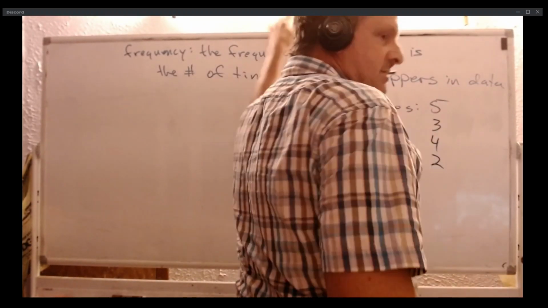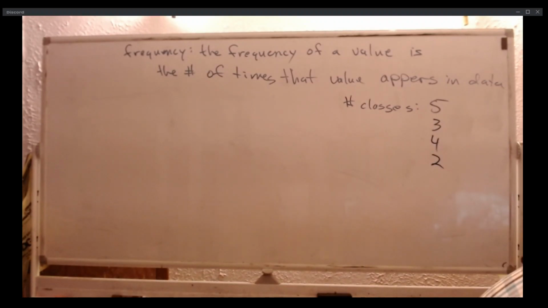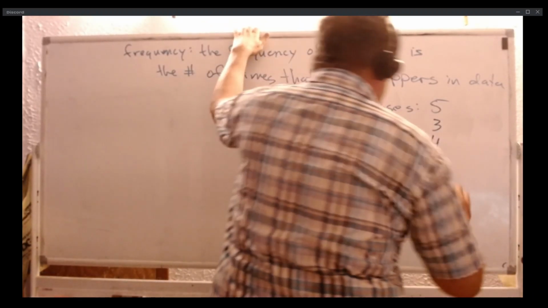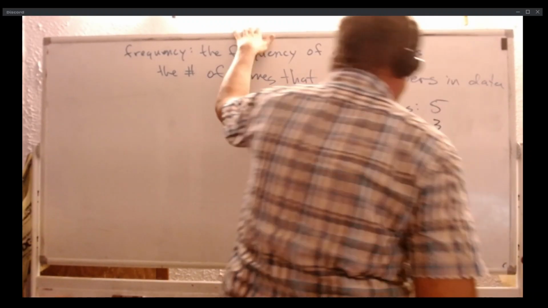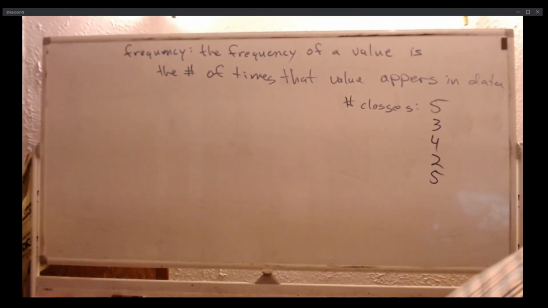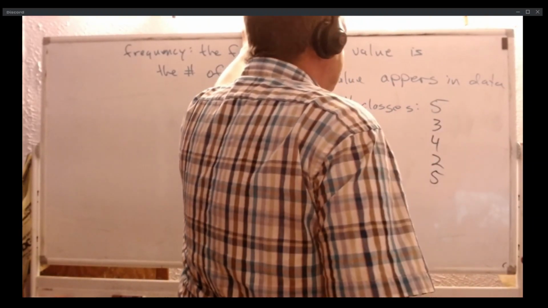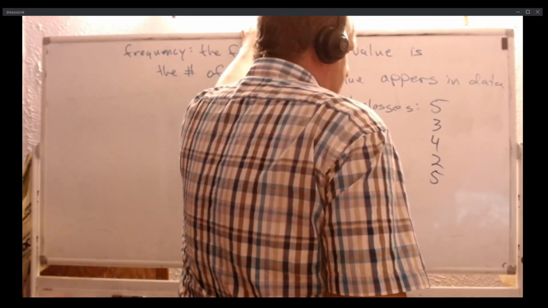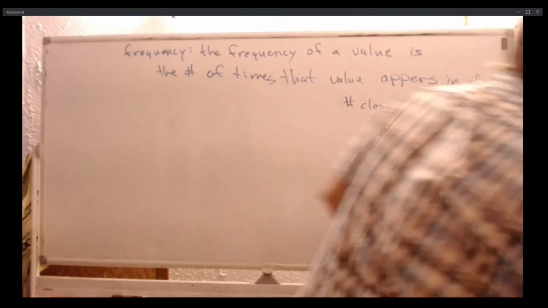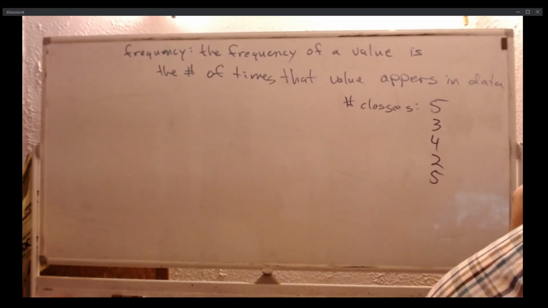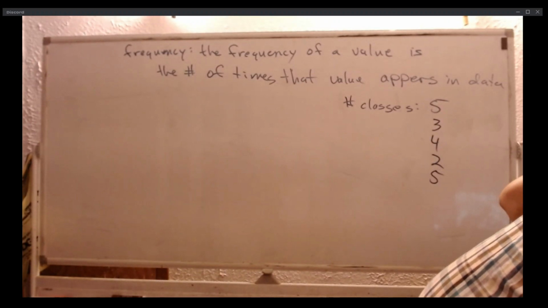Esteban, how many classes are you taking? I know you're taking at least 2. 5. Wow, another glutton for punishment. Kenny, how many classes are you taking, Kenny? Kenny might have stepped away. If you're talking, Kenny, you're on mute.